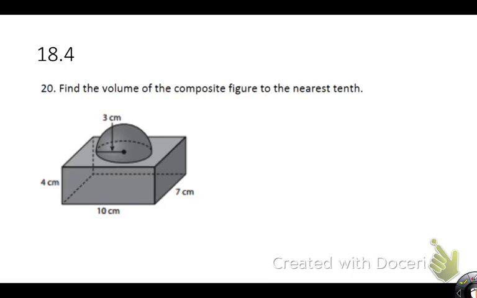All right, last couple. We have the volume of the prism, and then we have the hemisphere on the top. Let's do the prism first. The volume of a prism is the area of the base times the height.